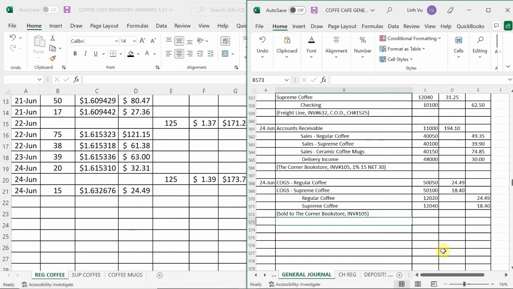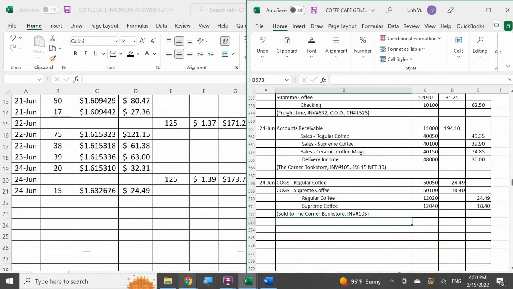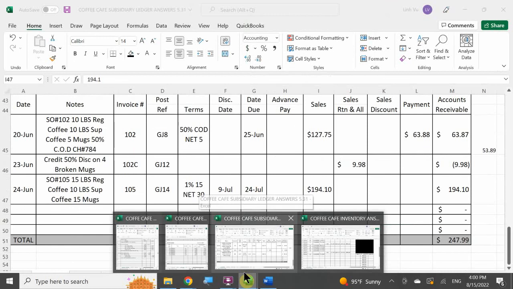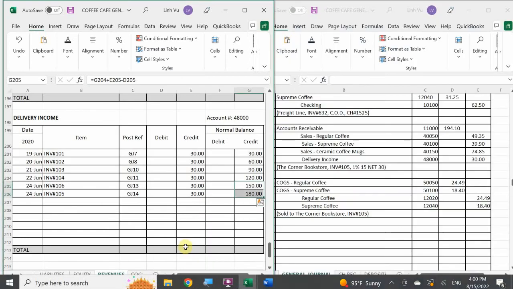Okay. Good. So what's the last thing we have to do? So we need to update the cost of goods sold and the inventory on the general ledger. Okay, yes. So cost of goods sold.